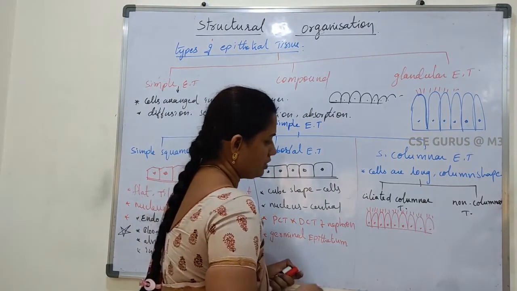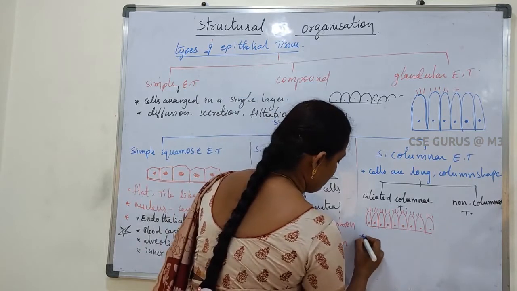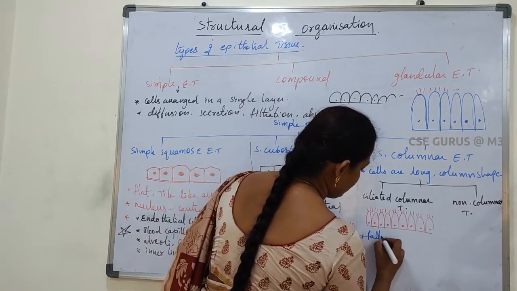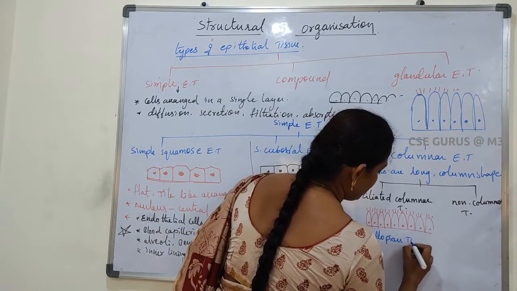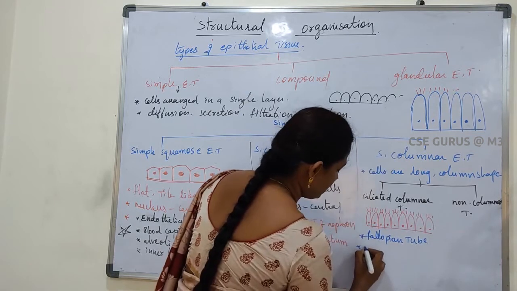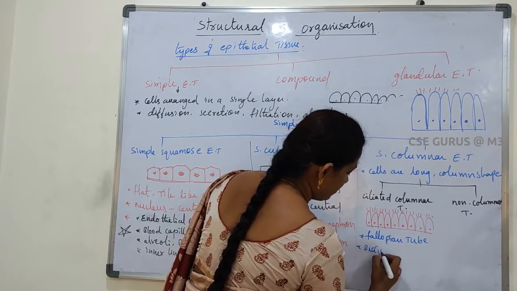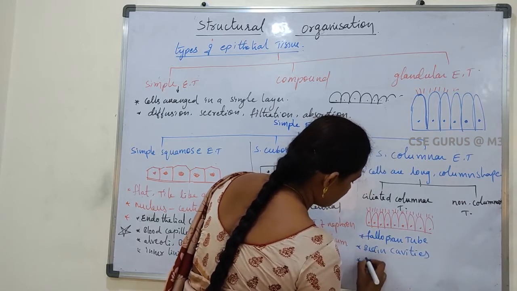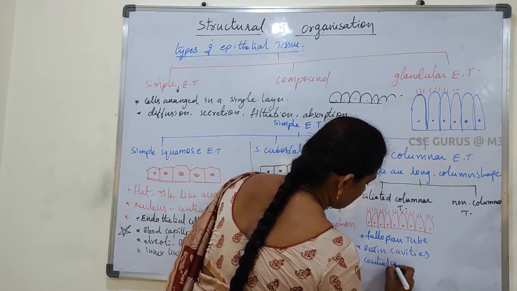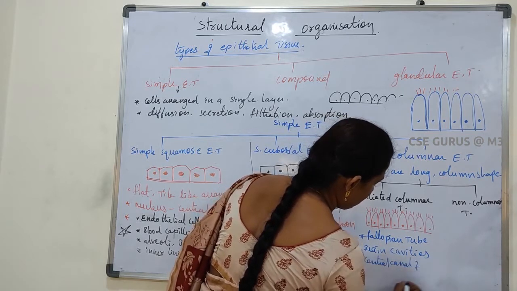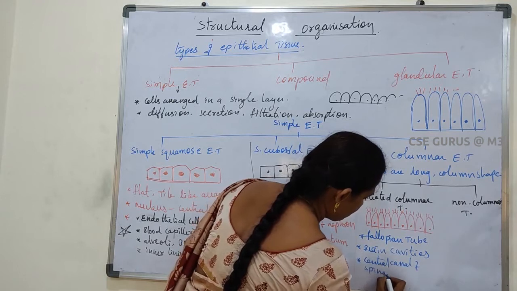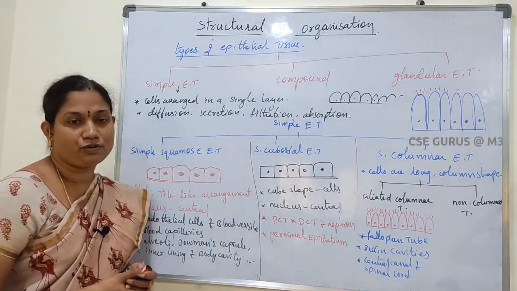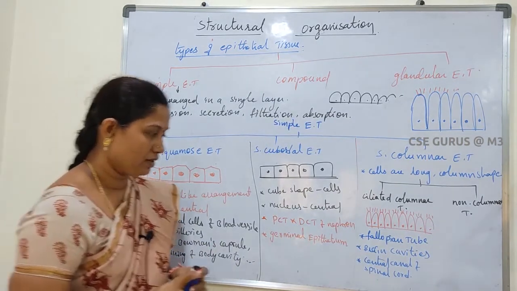Location is very important: fallopian tube, brain cavities, central canal of spinal cord.